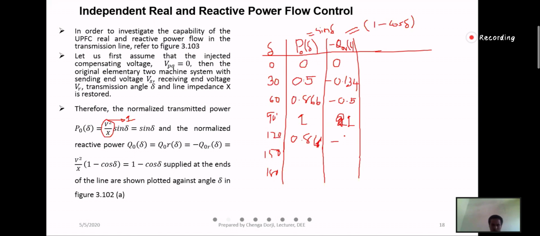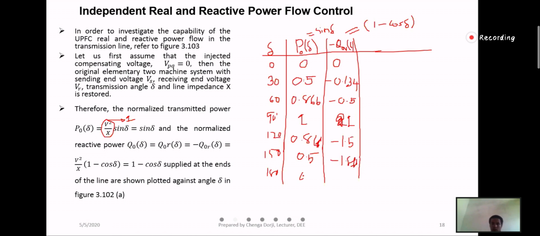Then sine 150, how much? 0.5. And here 1 minus cos 150 is 1.866, so minus 1.866.